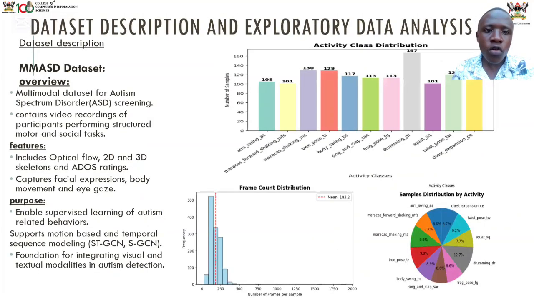So the data set we used was the MMASD data set, that is the multimodal autism screening data set. This was the data set which captured features from 32 children, and those features were divided into classes. We had classes like arm swing, as you can see here.